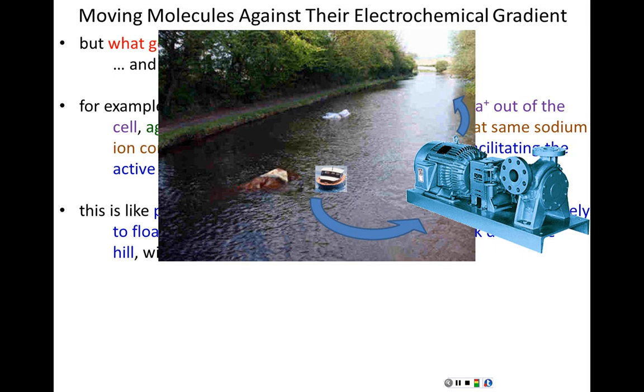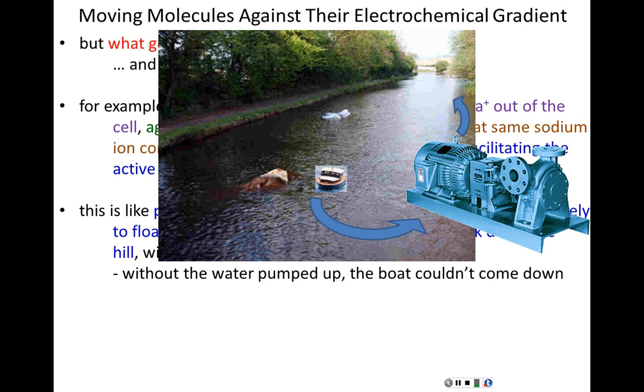We expended energy in moving water so that the water would carry the boat down the hill for us. Without the water, the boat wouldn't flow. Without the water being pumped and the energy being expended for that, we couldn't get the boat to the bottom of the hill. So did we fruitlessly pump water against its gradient only to have it come down again? It might appear so, but in reality we needed to move the water in order to carry the boat.